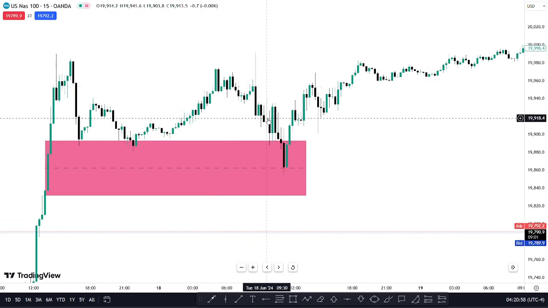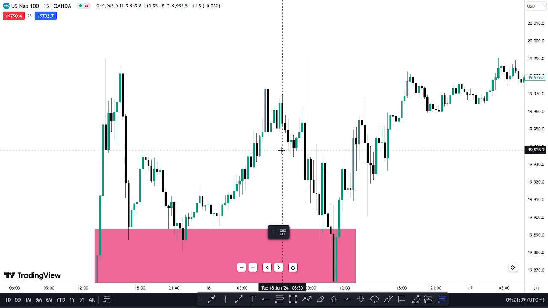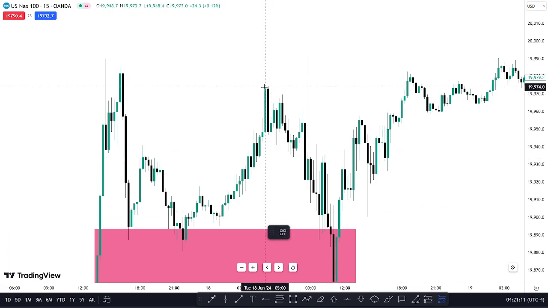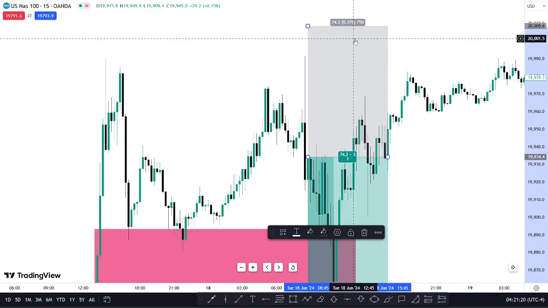Then the time of entry right after, during NYSE, right here. As you can see, you have your high, your higher high. You can argue it's a mitigation looking at the close, but doesn't matter. With your fair value gap right here.